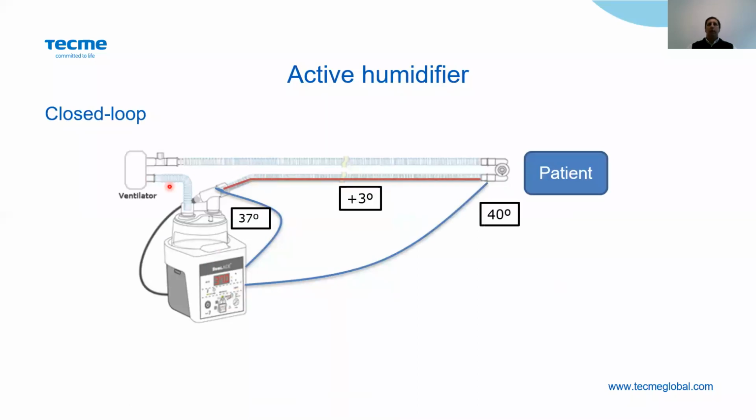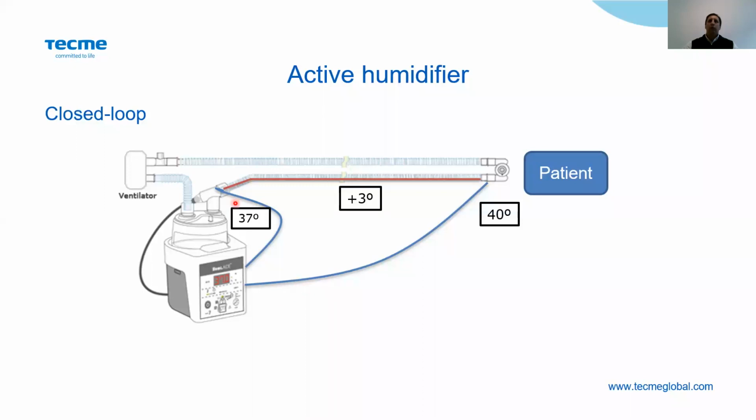Here we have the inspiratory limb. The gas that is delivered to the patient goes through this humidifier. The gas warms up, and then the humidifier delivers this gas to the patient. Also, in the market you may find two different types of humidifier. This example is a closed loop.